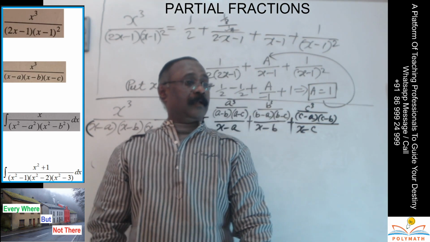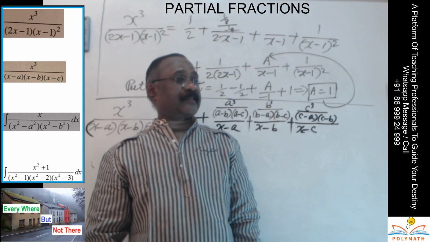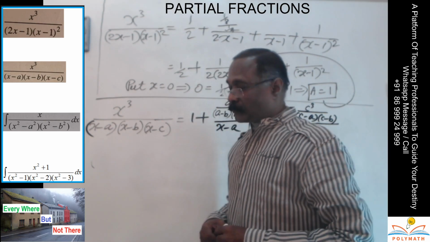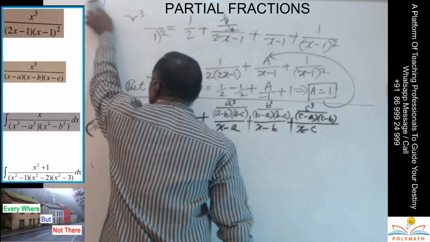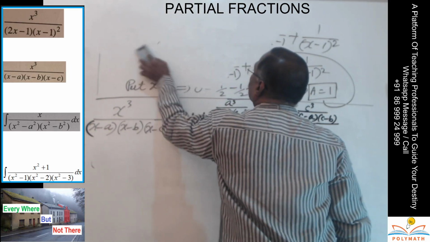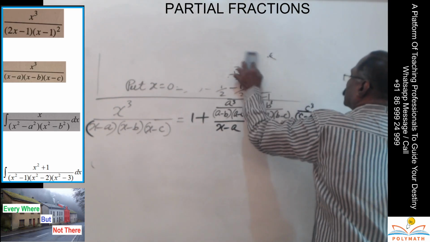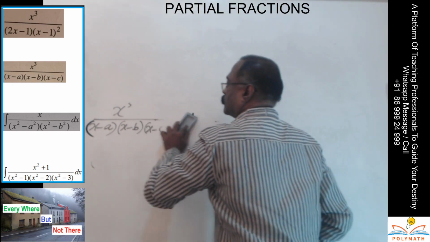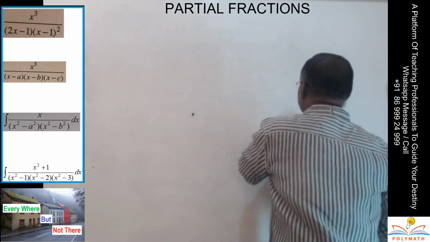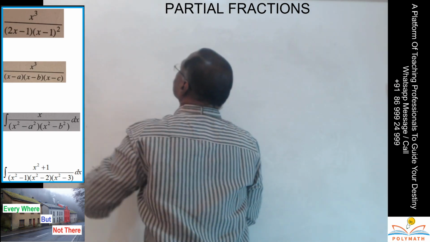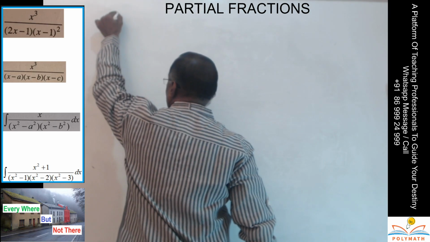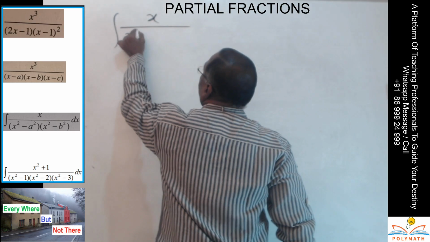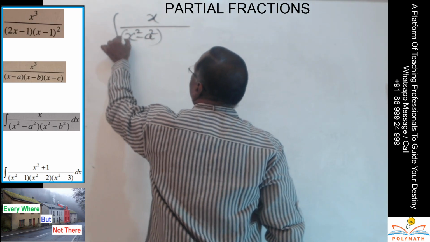See, the next question is x divided by (x square minus a square) into (x square minus b square). Let us see that. The integral of x divided by that. Why am I taking up integration in partial fractions?